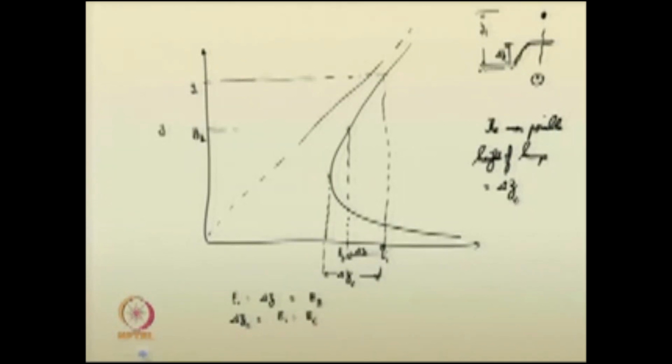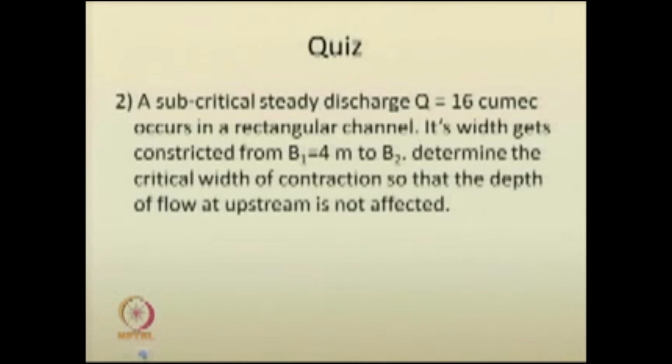The solution for the next problem: we have asked you a subcritical steady discharge Q, that is Q is equal to 16 cubic meters per second. The width gets reduced from 4 meters. You are asked to determine the critical width of contraction so that the depth of flow at upstream is not affected.